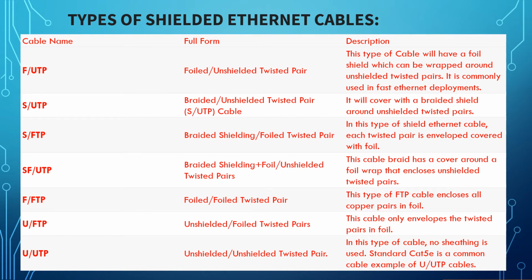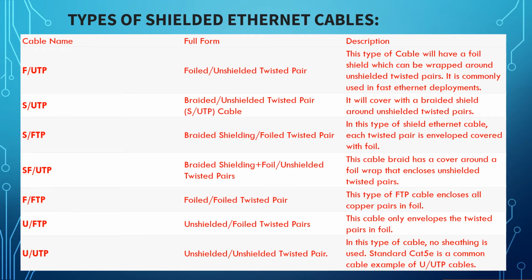There are types of shielded Ethernet cables. We have the F/UTP, or the foiled unshielded twisted pair. S/UTP, or the braided unshielded twisted pair cable. SF/TP is braided shielding foiled twisted pair.